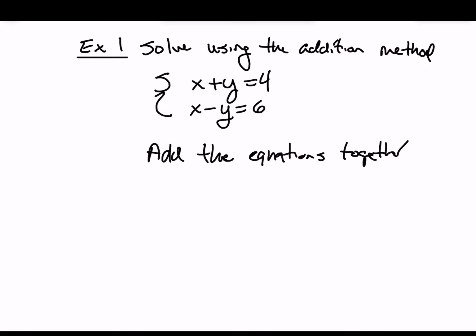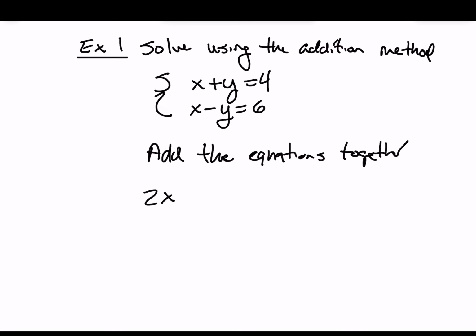And you may be asking yourself, how is that going to help us and why will it work? You'll see as we go through further examples why this will work with this particular example, but in general, we'll have to add some additional steps. In this case, we can just add the equations together.